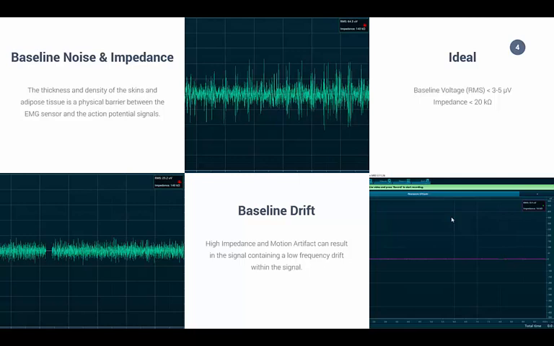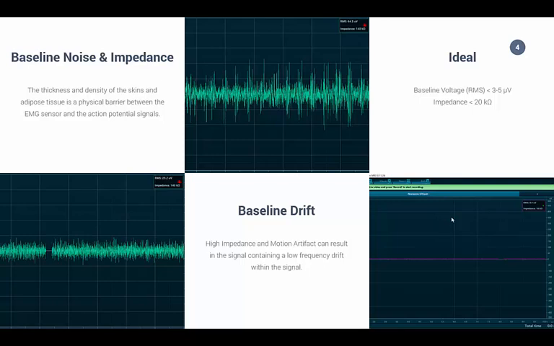Average baseline noise should not be higher than 3 to 5 microvolts, although 1 to 2 is the target. But this really depends on the EMG amplifier quality, as well as environmental noise and proper skin and site preparation.